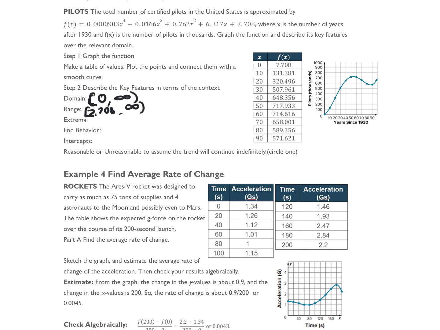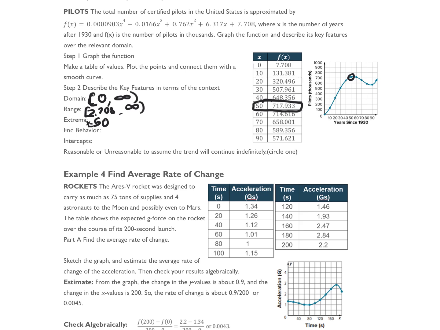All right, so the extrema, relative maximums, relative minimums. We have an extrema somewhere around 50 years after 1930. You see that spot there on the graph is relatively higher than the points around it. Because of that, we have a relative extrema at x equals 50.